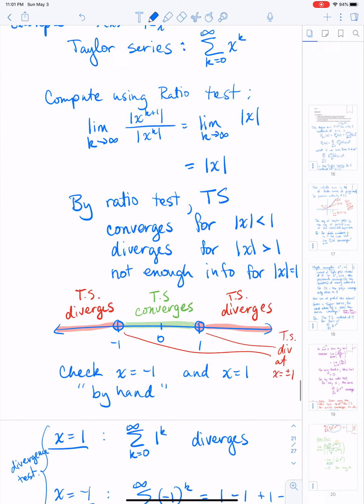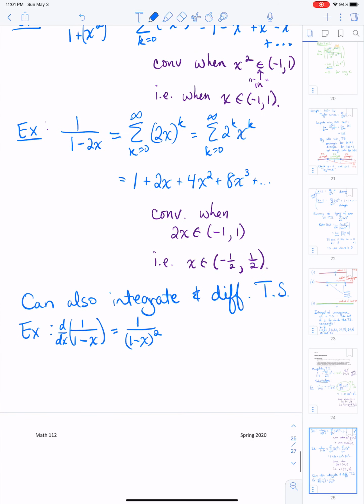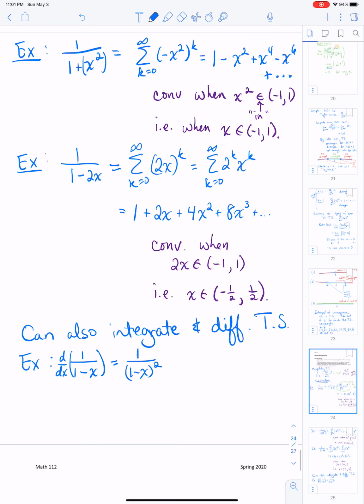On the other hand, we don't really need to do that. I apologize for all the scrolling here. We don't really need to do that because we can actually differentiate term by term the Taylor series for 1 over 1 minus x.